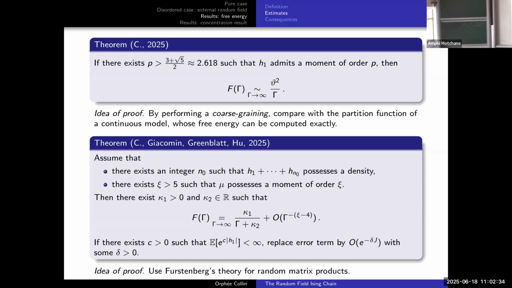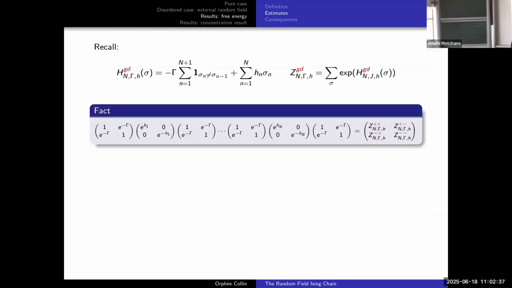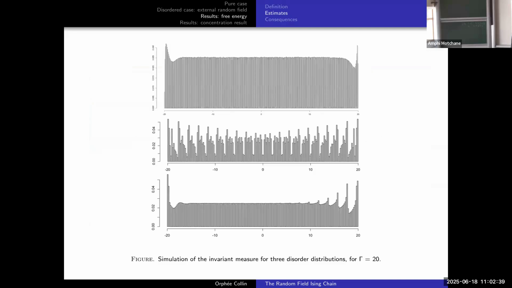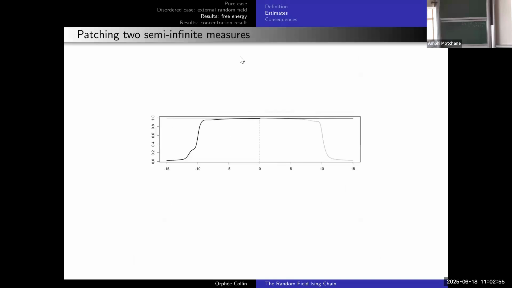Yeah, so if the disorder law satisfies the hypothesis, then you're going to get something which is quite flat here. But you need to see how flat, and so you need to understand, in these two semi-infinite invariant measures, how quickly it's going to converge towards something that's flat.